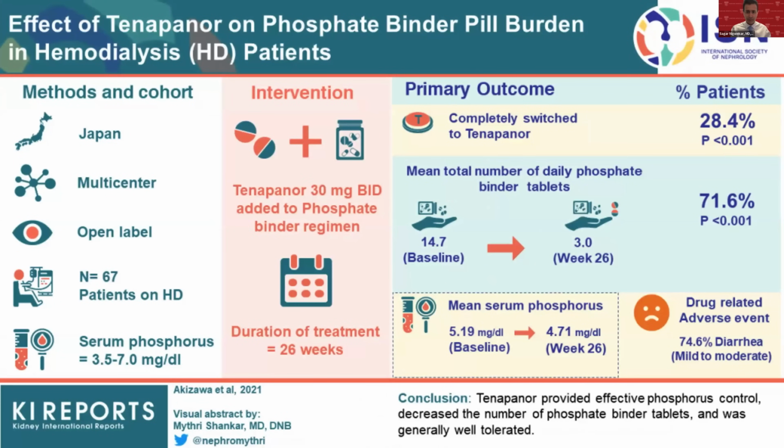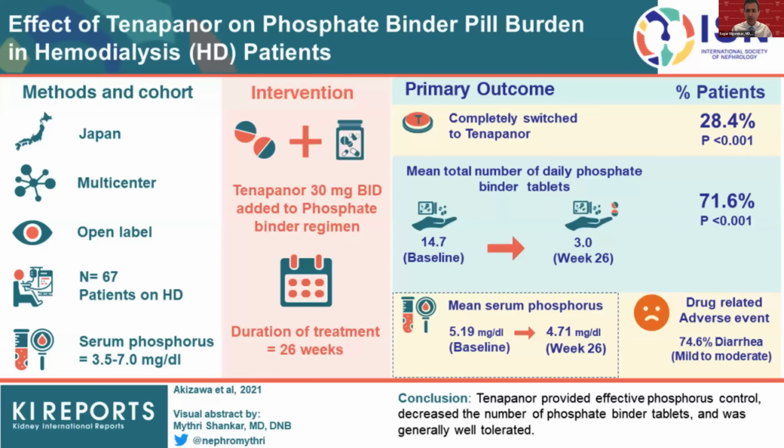This is another trial that is looking at not so much efficacy in terms of the phosphate control, which of course is important, and I have shown you a number of studies that demonstrate its efficacy. But this one also looks at the effect of this agent tenapanor on the pill burden.